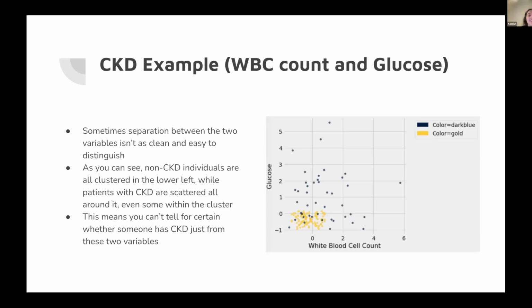You'll see this is white blood cell count versus glucose instead of hemoglobin, and the graph of the patients is a little harder to read, to identify who would have or not have the disease, because there are blue dots within the gold cluster in the bottom left corner. People who do have chronic kidney disease have white blood cell counts similar to people who do not, which can make it hard to tell whether someone has chronic kidney disease from these two variables, compared to glucose and hemoglobin.